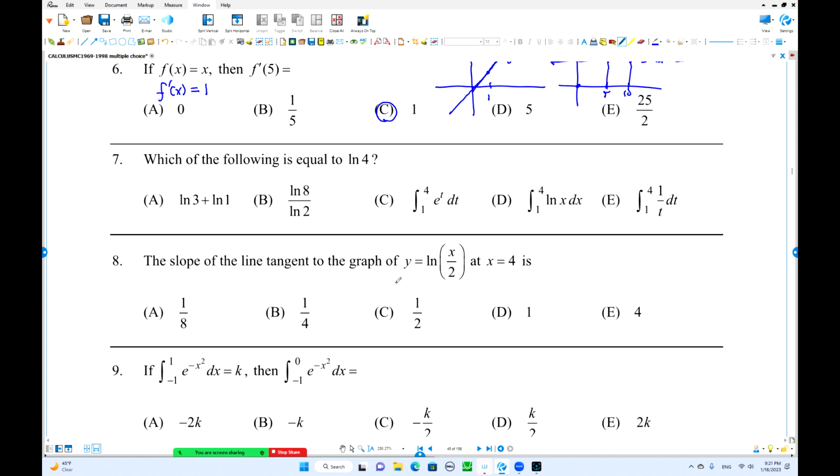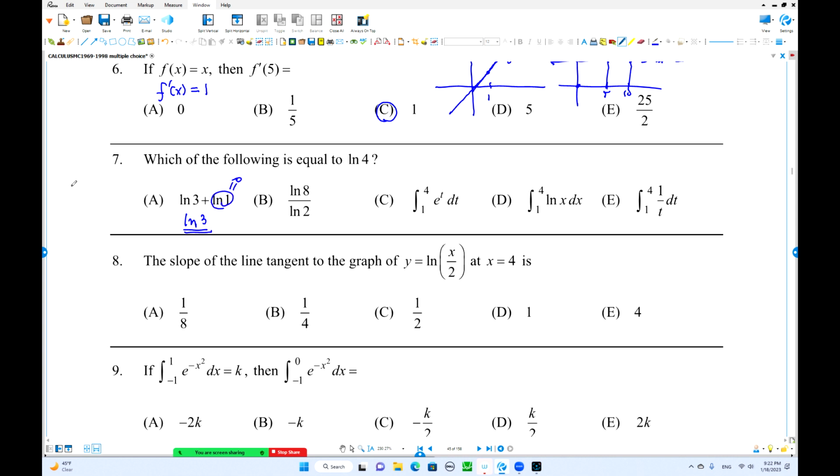What about number 7? Which of the following equals ln 4? That one does not belong to AP. ln 3 plus ln 1, when you combine this into condensed form, is ln of 3 times 1, which is ln 3, and also ln 1 equals 0. That's still ln 3.